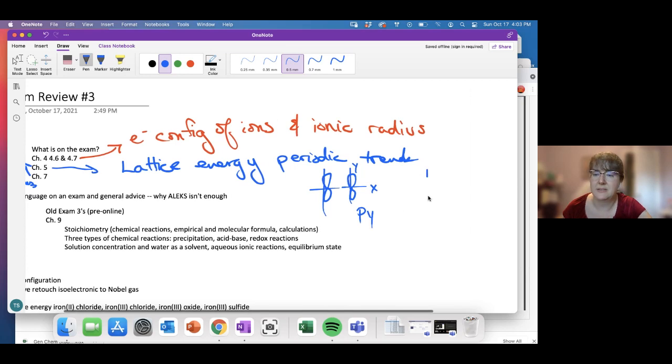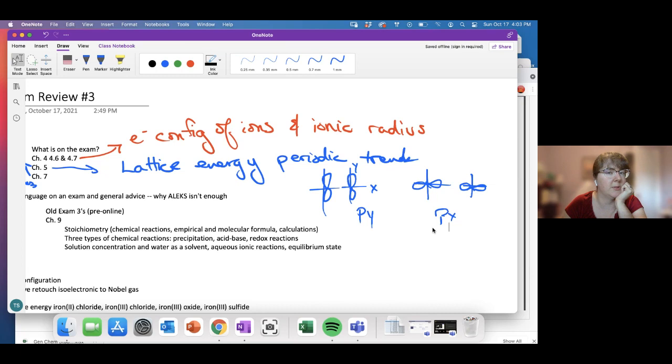And if I had some of them that were coming out and were focused on the x-axis, we would call these px orbitals.